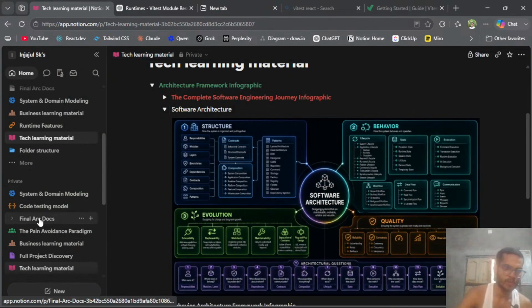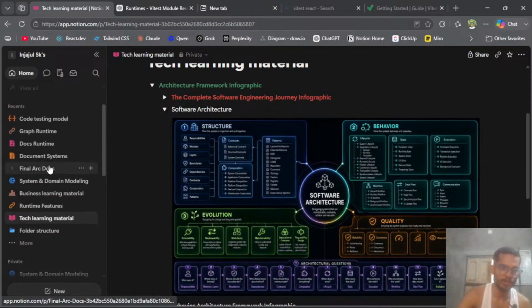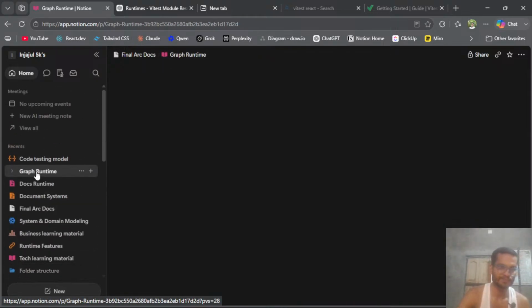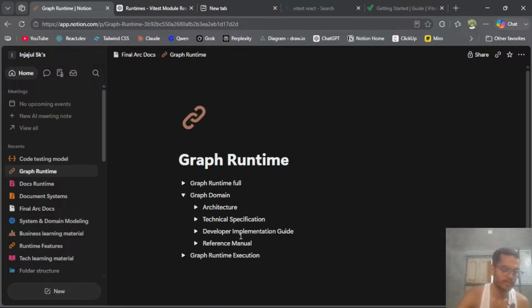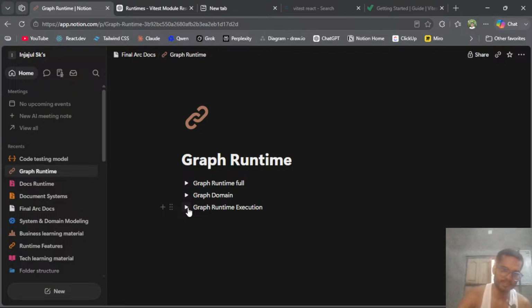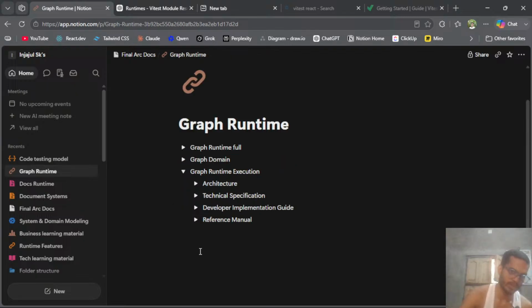I have a very huge document around my code base. This is a graph runtime execution, so I have four types of document. This is the architecture document, technical specification, developer implementation guide, and reference manual. If I paste it to any AI, they can understand the context of my code base.